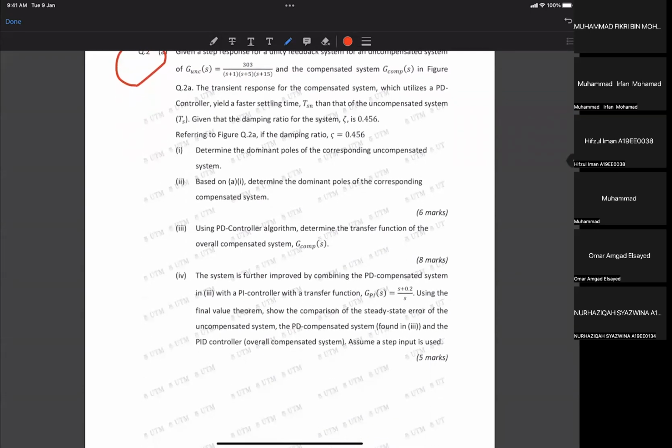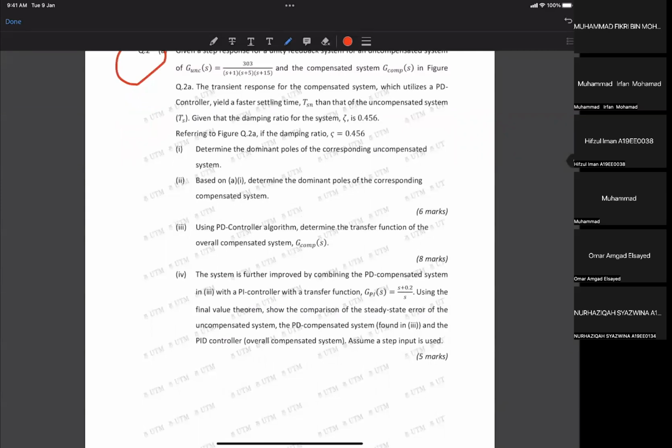Referring to figure Q.2a, if zeta equals 0.456, determine the dominant poles of the corresponding uncompensated system.